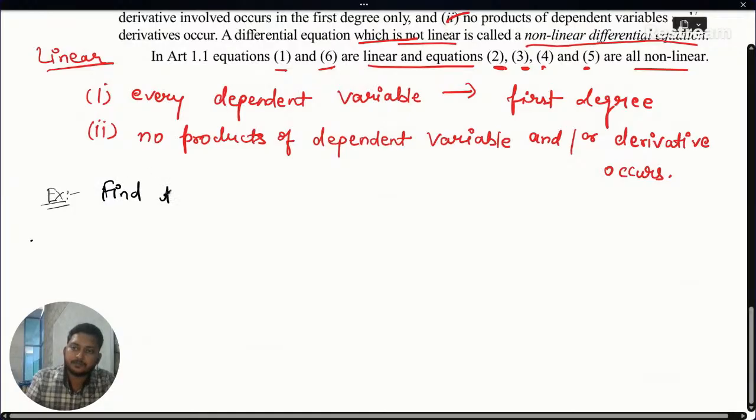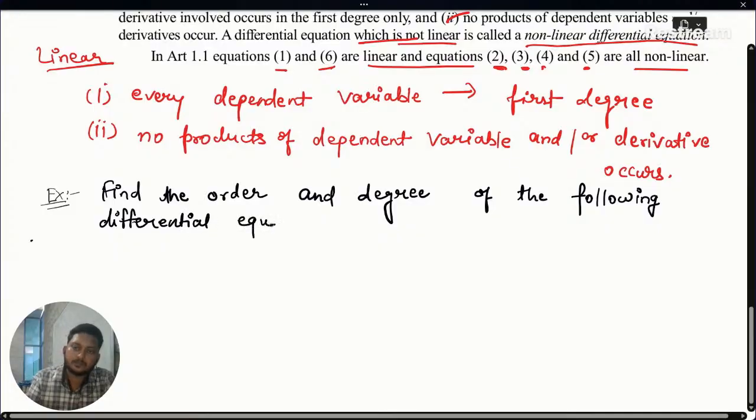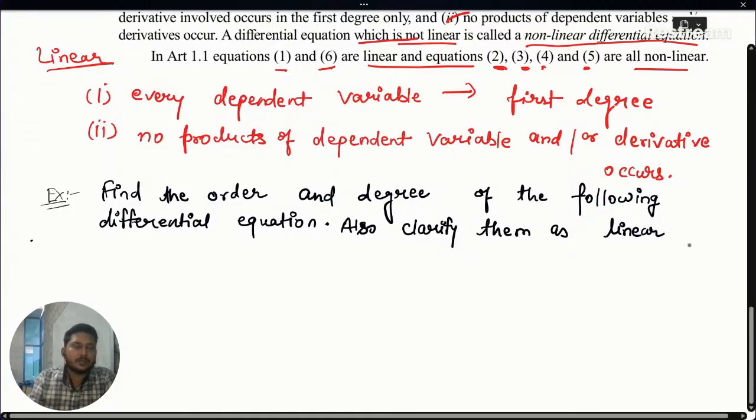Find the order and degree of the following differential equation and also classify it as linear or non-linear.